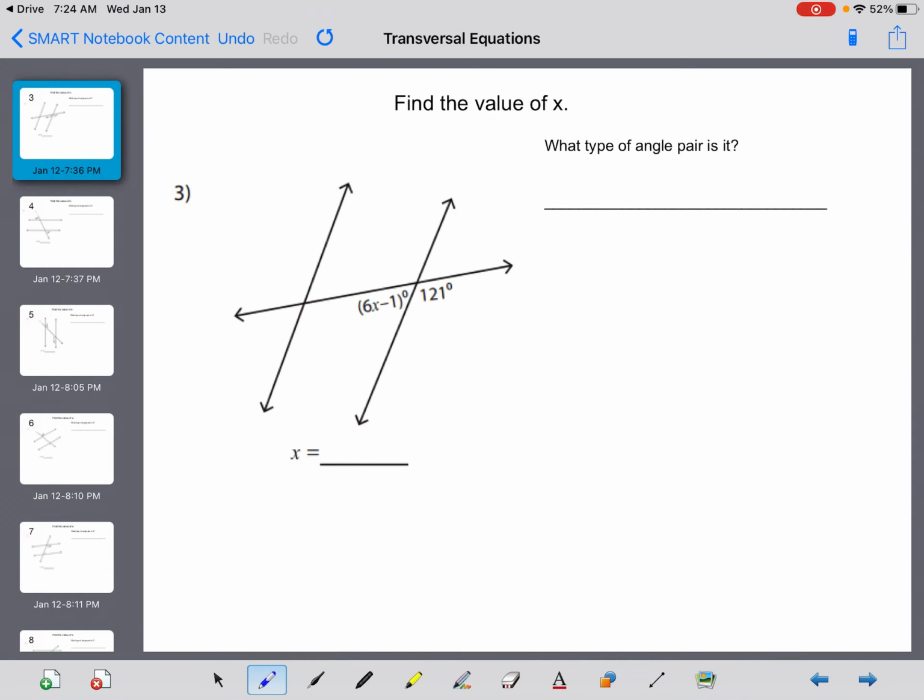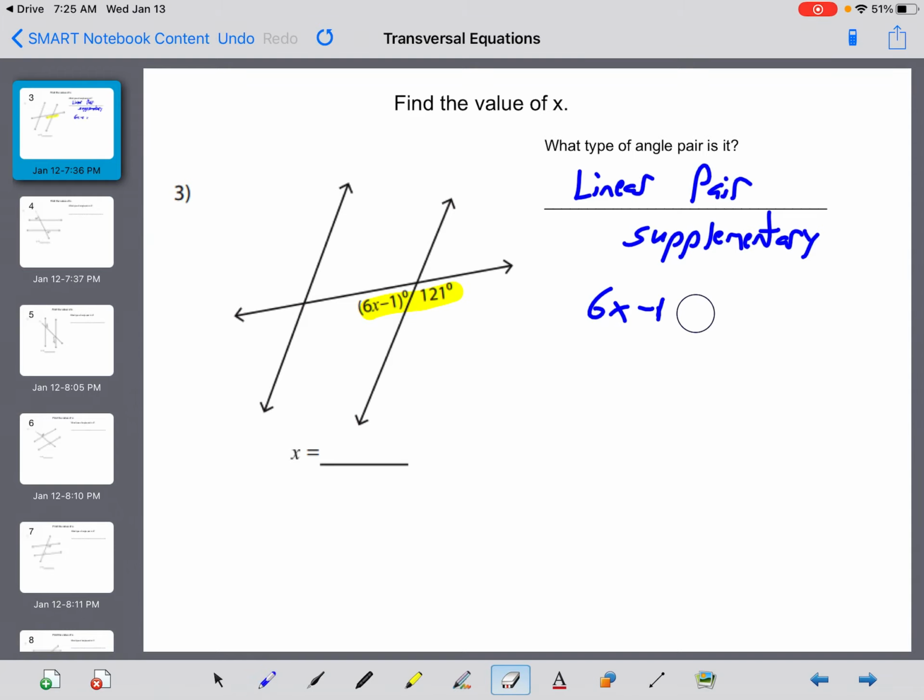All right, what type of angle pair is this one? Here we have 6x minus 1 and 121. They're a linear pair, creating a straight line. So these are supplementary. 6x minus 1 plus 121 equals 180.